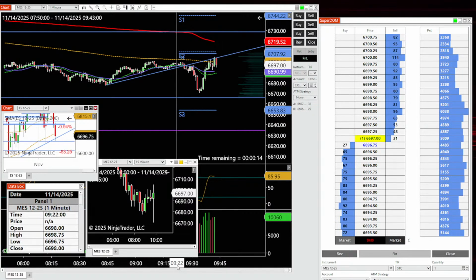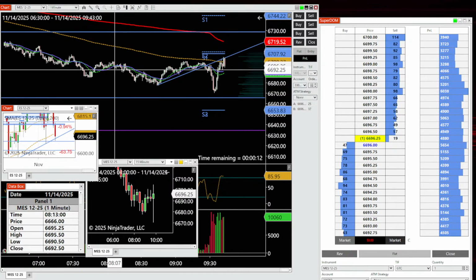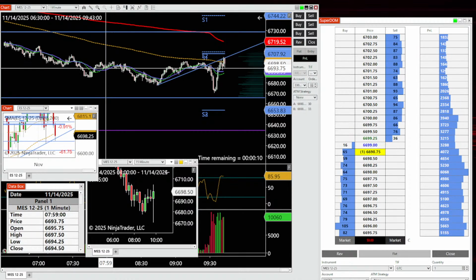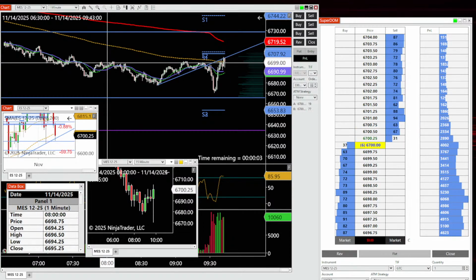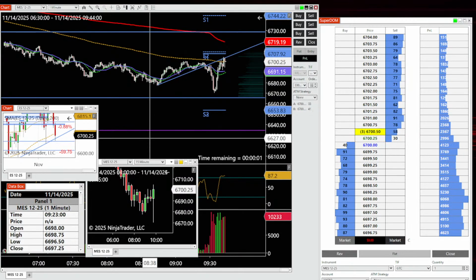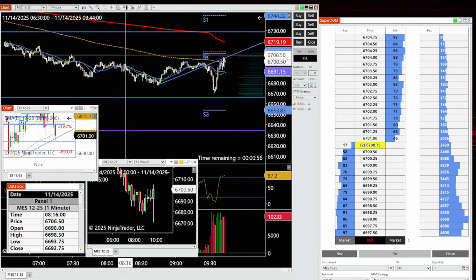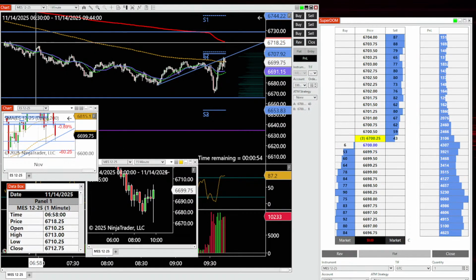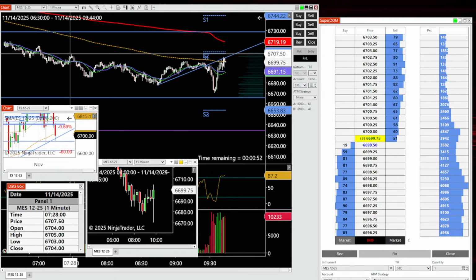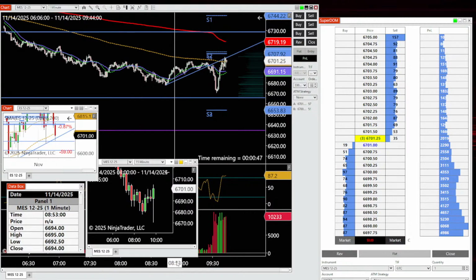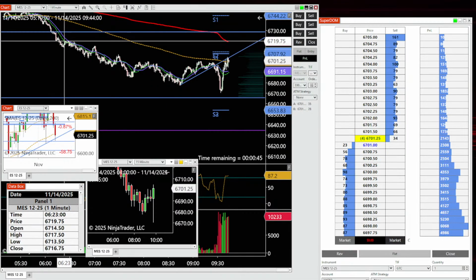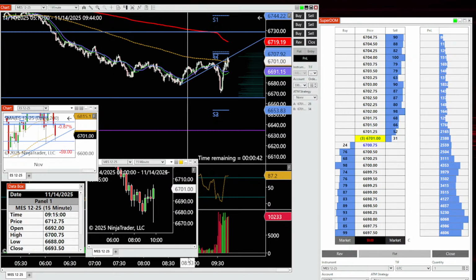Back up in this consolidated area here between 6,700 and 93. See where it wants to go. Has some rejection here. Around 6/7s, some rejection here. 16s, 7/8s, 20s.